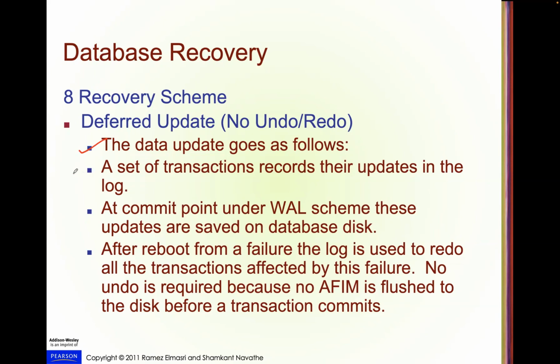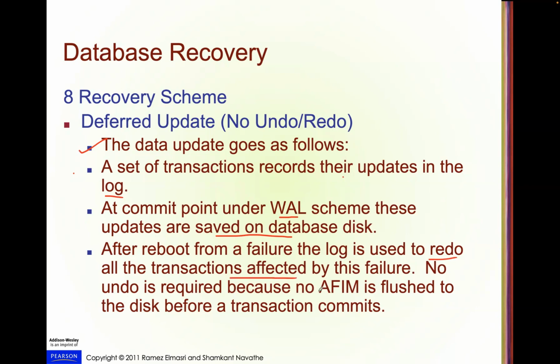The first one is we record the transactions and their updates in a log. So the log is very important again. Then at commit point, using the write-ahead logging scheme, the updates are saved onto the disk. Then after reboot from the failure, the log is used to re-perform all the transactions that are affected by the failure.